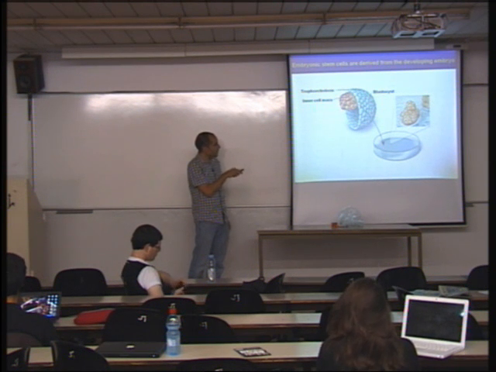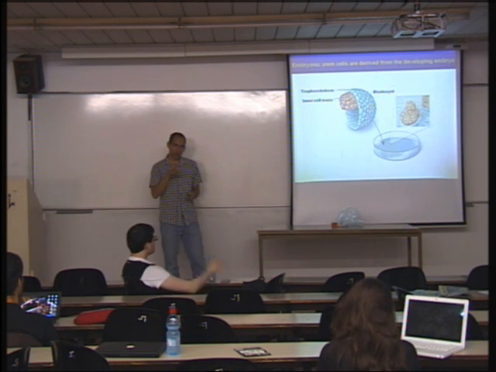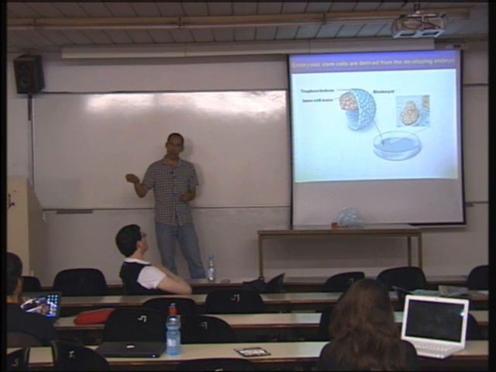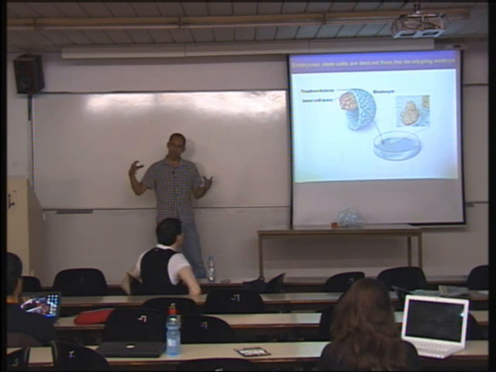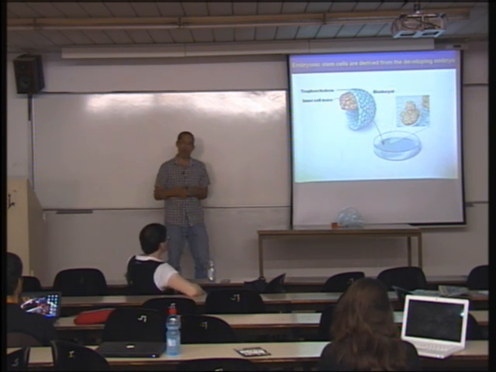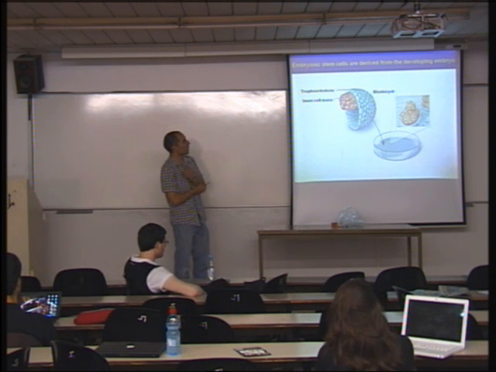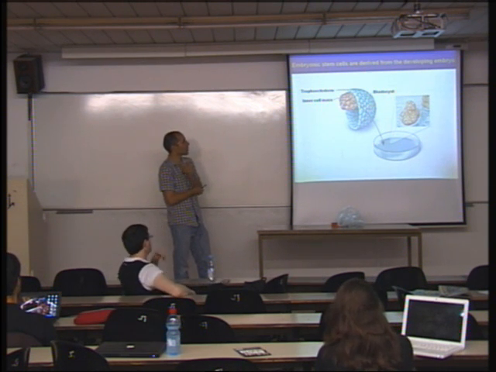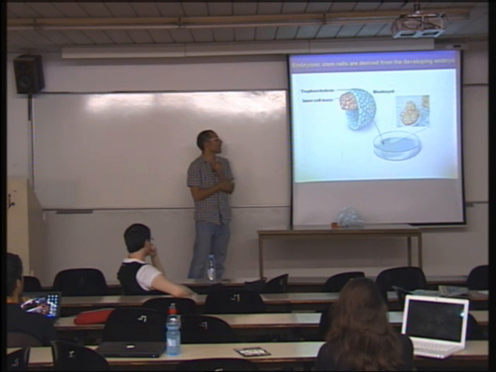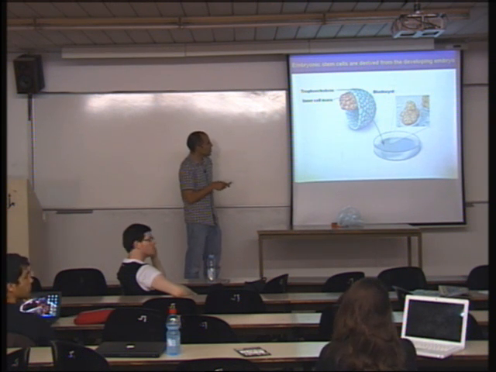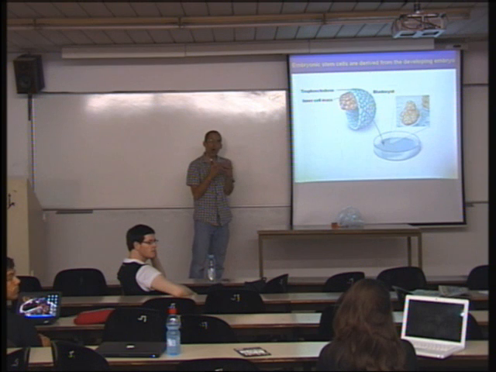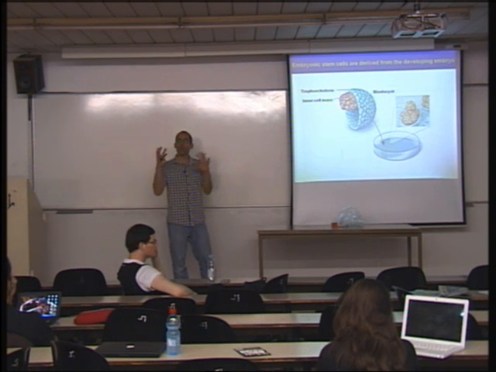Immediately after this stage, the embryo implants in the uterus, and then gastrulation begins. So the formation of all the different organs, firstly the formation of the central nervous system, and then the formation of the organs. So they only have a few hours that they are this inner cell mass, or these pluripotent cells.